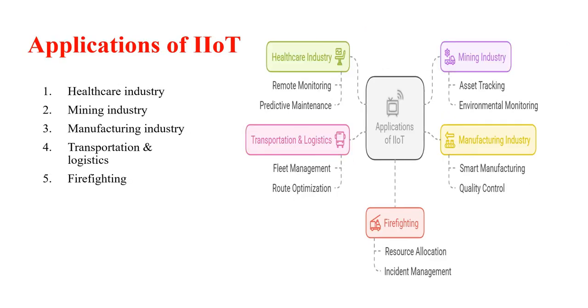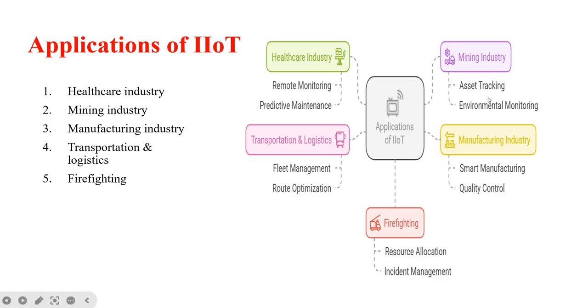Next, you have applications of the industrial IoT. The first is the healthcare industry, then you have mining, manufacturing, transportation and logistics, and firefighting. In the healthcare industry, you will have remote patient monitoring and real-time health tracking, and smart medical devices for automated diagnostics and treatment.